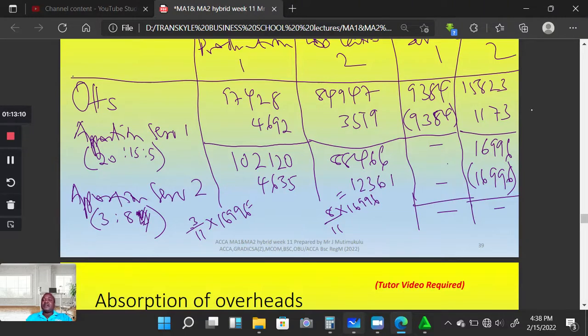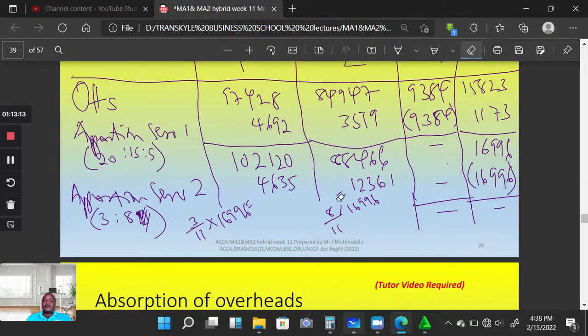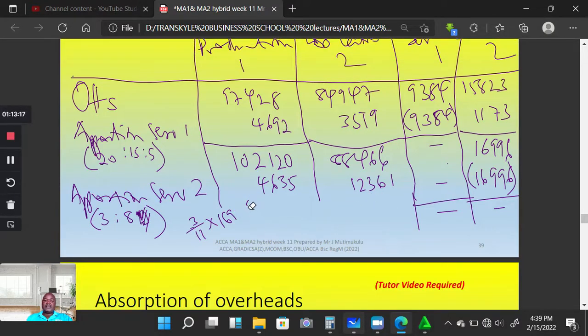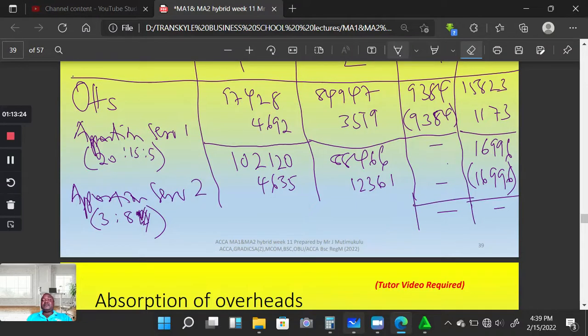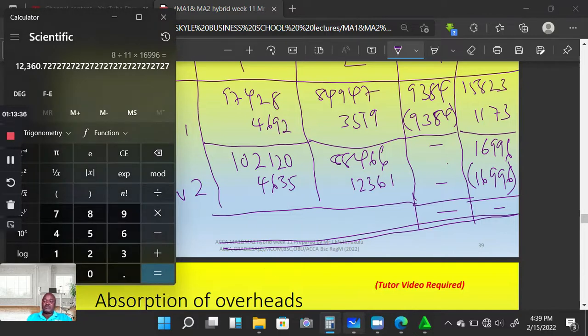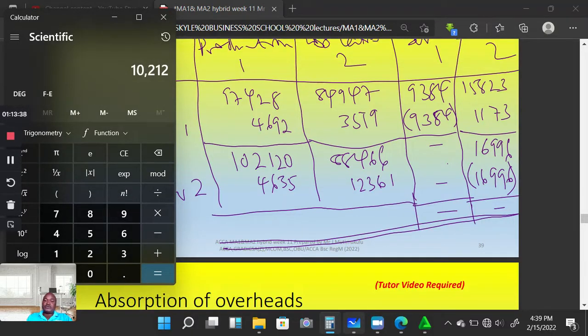Let's clean up our area, and then we have to underline. The total for the first column is going to be 102,120 plus 4635.